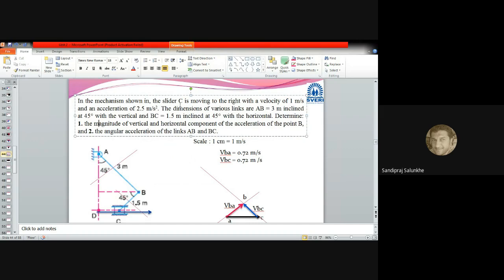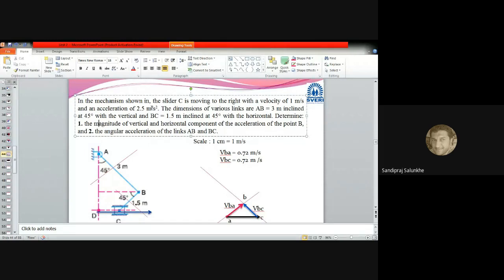In the mechanism shown in the figure, the slider C is moving to the right with a velocity of 1 meter per second and an acceleration of 2.5 meter per second square. What can we see from this?